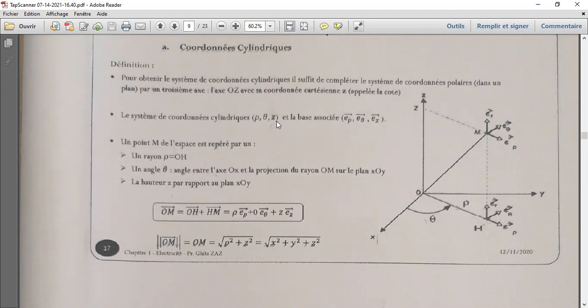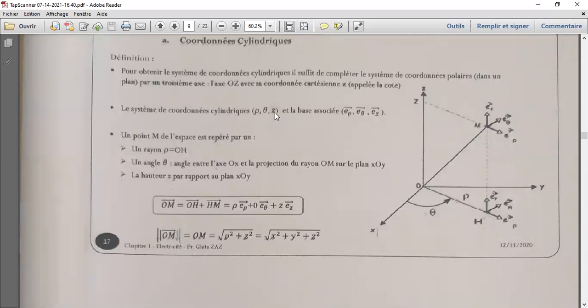There's cylindrical, where you just add the z, and there's spherical, which we are going to look at after the end of cylindrical. Cylindrical is not really complicated. So you have rho, theta, and z.